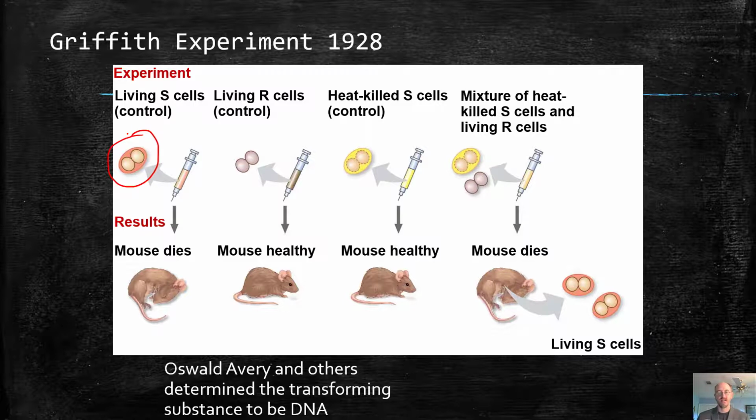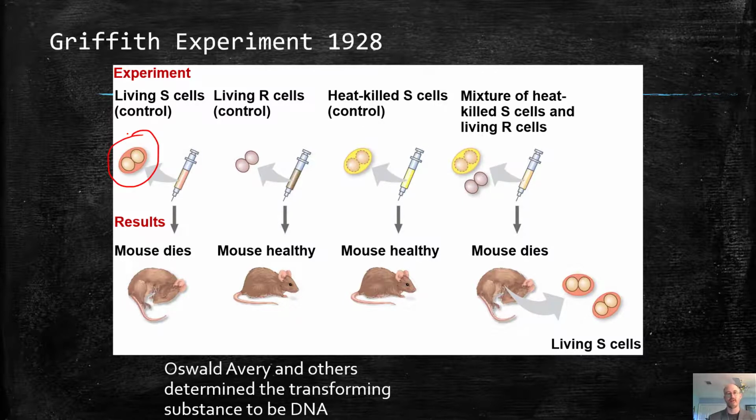The R type does not, so it looks rough. Now, the important thing to note here is in the control experiment, which we see on the left, if you inject a mouse with the S type, it gets pneumonia and dies. If you inject a mouse with the R type, it does not get pneumonia. So they say the S type is virulent and the R type is non-virulent, meaning it does not cause disease.